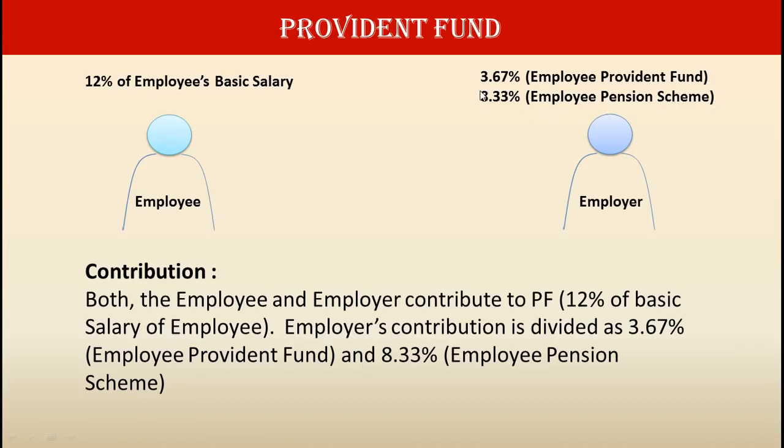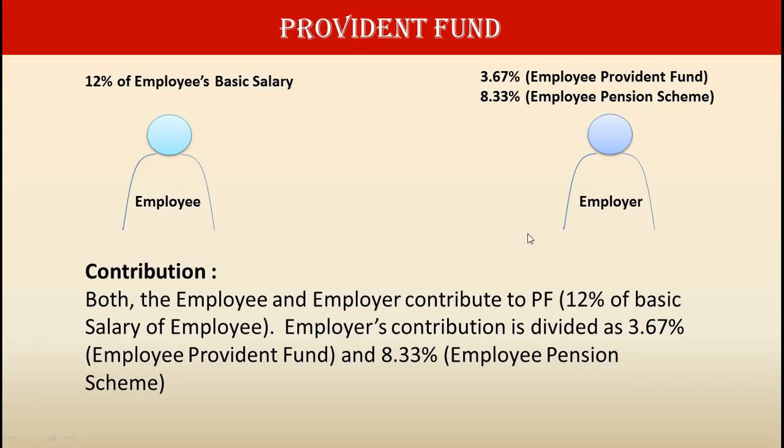This is one of the important things to note about Provident Fund: only 3.67% out of that 12% goes to the employee provident fund from the employer side, while the 12% from your basic salary, the whole amount, goes to your provident fund. The remaining 8.33% from the employer side goes to the employees pension scheme.